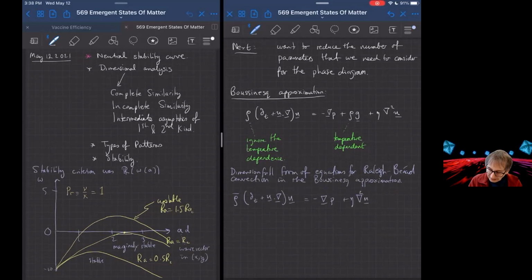And then putting in the expansion coefficient, that's rho bar g (1 minus alpha (T minus T bar)), and that's all in the z hat direction. And then I have the equation of incompressibility.